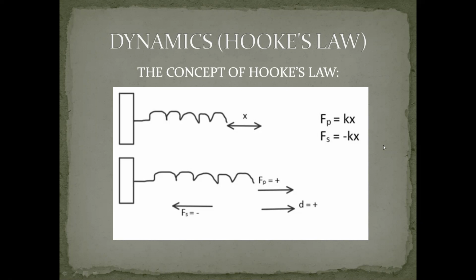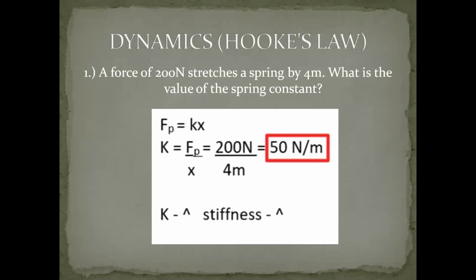Okay? So let's put that in problem solving. Number 1, a force of 200 newtons stretches a spring by 4 meters. What is the value of the spring constant? Okay, so we're going to derive a formula from the original formula. So we're going to find the spring constant. So k is equals to Fp over x, wherein our force is 200 newtons and our x, or our distance, is 4 meters.